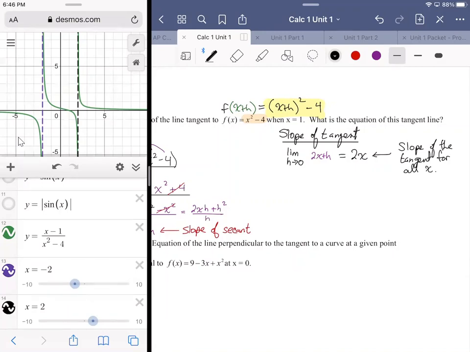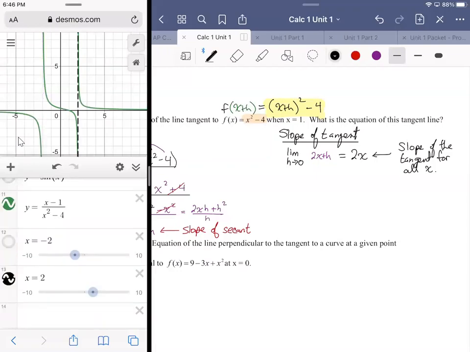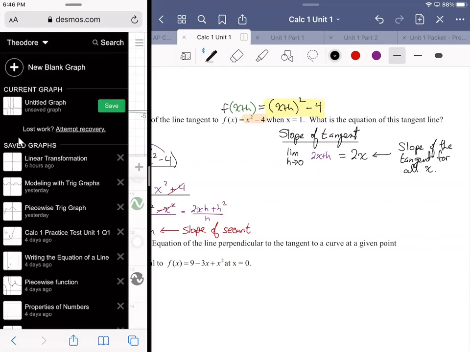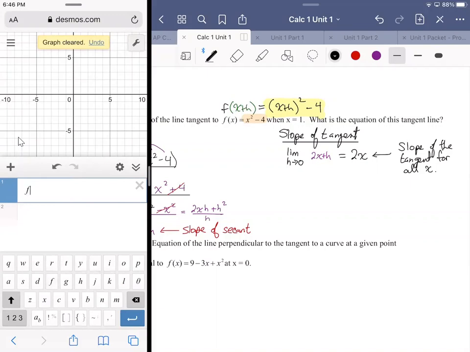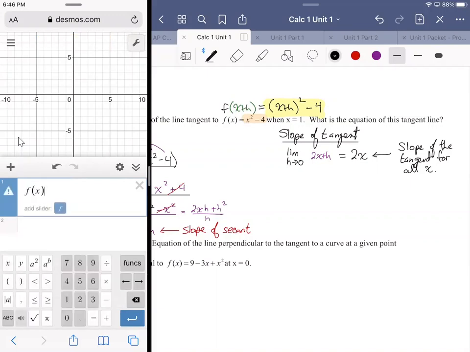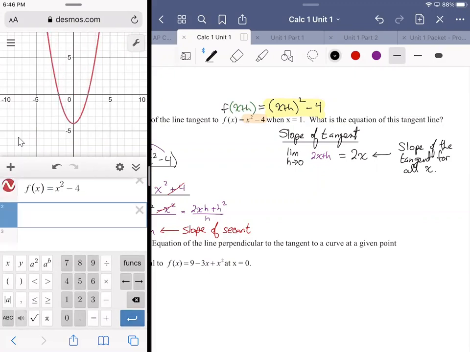So on this function, and you know what, let me just get a fresh Desmos involved. This function f of x is equal to x squared minus 4. We have this equation, or will have an equation in a second, that represents the slope of the tangent.